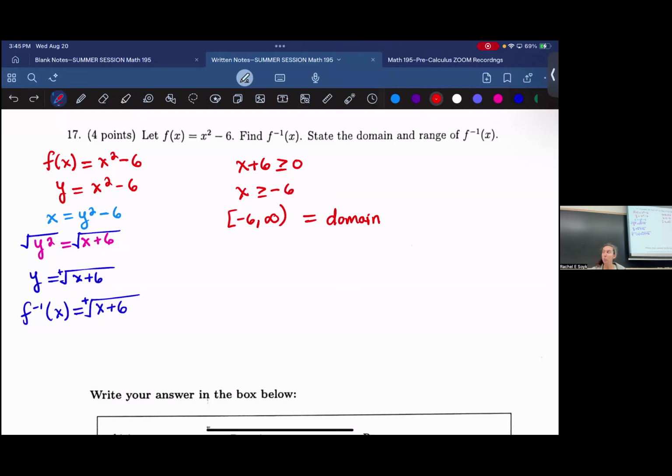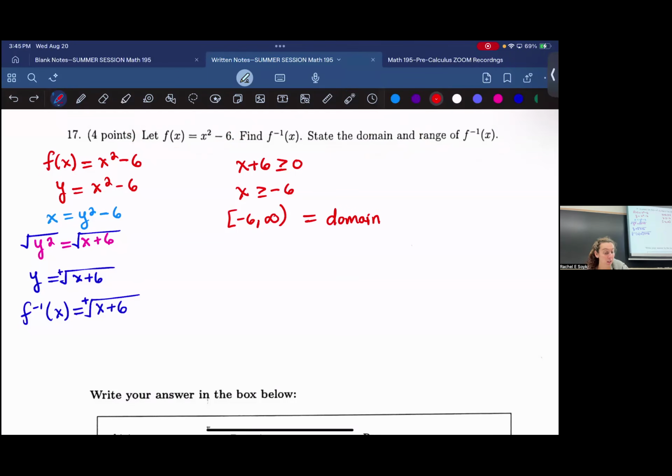Whereas the range, what's that cool trick? The range is the same as the domain of the inverse. Yeah. The range of the inverse is the same as the domain of the original. The range of the original is the same as the domain of the inverse.